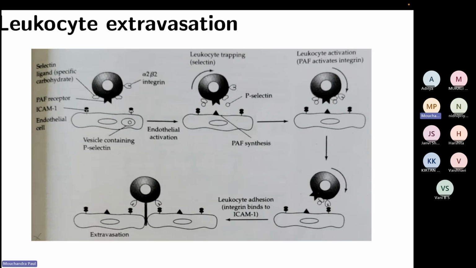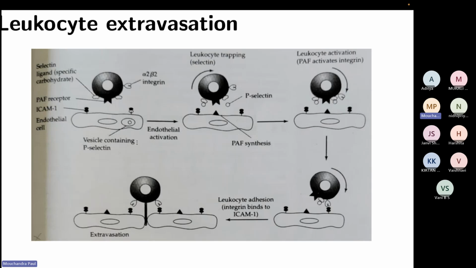Endothelial cells have membrane-bound receptors like ICAM1. It will also secrete another receptor, P-selectin, which is the soluble form of the selectin receptor that we have just seen. A receptor can have a membrane-bound form or a soluble form.